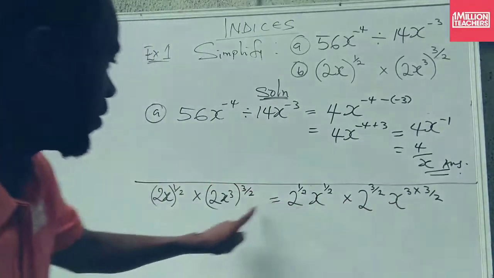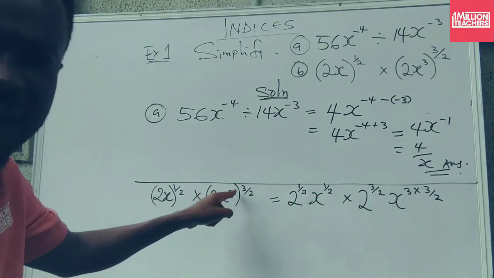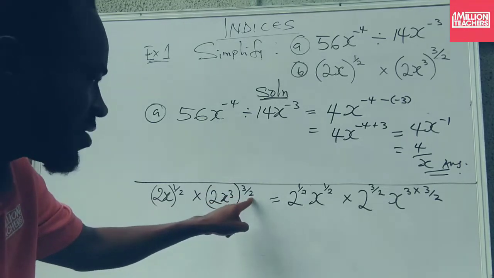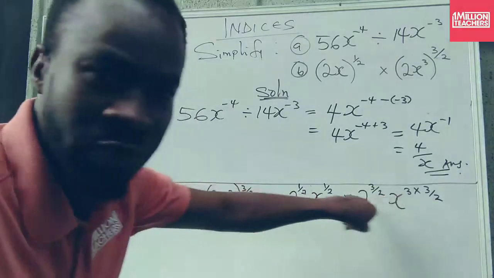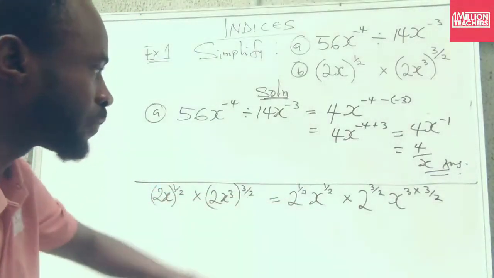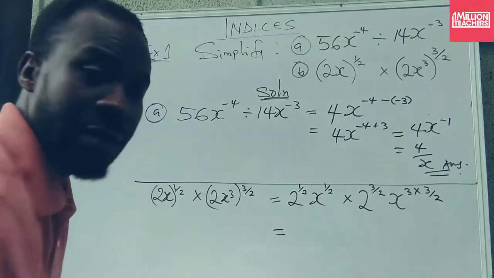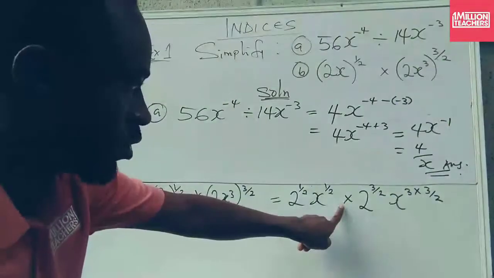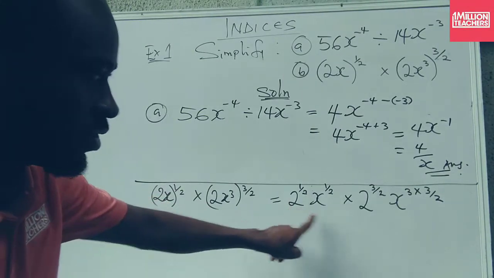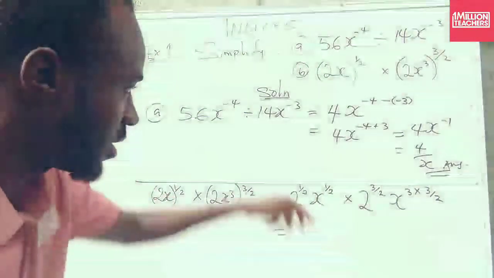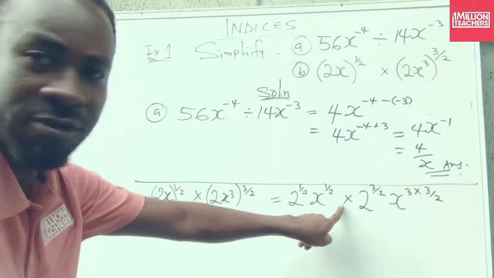Please, from the power law, the power outside the bracket times the powers inside the bracket. That's what I'm just doing in these two places. Okay, so here now I can apply my multiplication law. You can see that we are having multiplication here. So this is 2, this is 2, same base, but the powers are different, so I'm going to sum up their powers because of this multiplication.